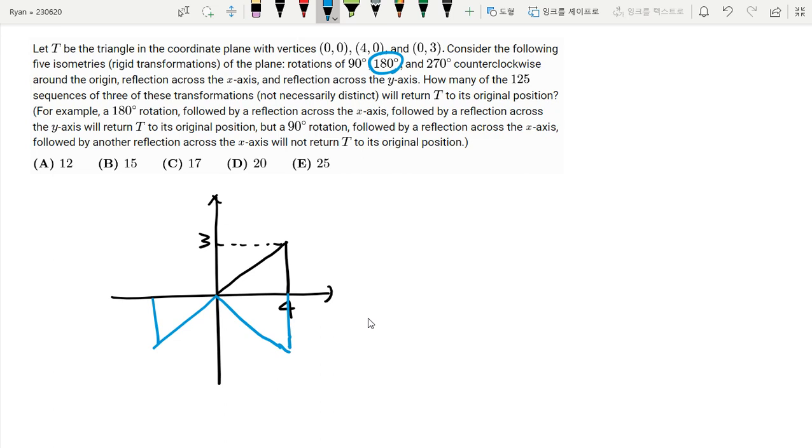So that's one type of transformation to make the triangle back to the original.